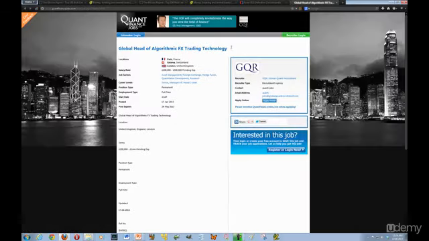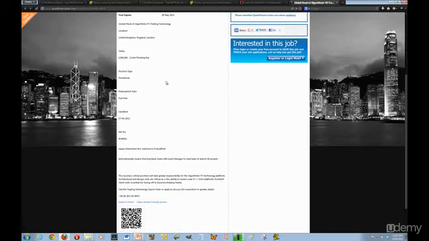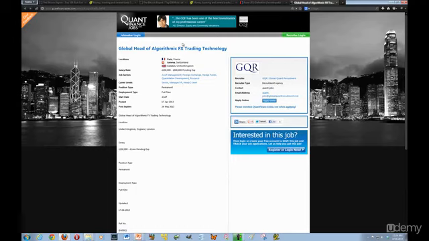This is a job for an algorithmic trading forex company. It's in Paris, Geneva, and London, so there's probably a couple of jobs available, and the starting rate is £250,000 to £500,000, and in some cases the salary is even larger. And this is just one job. These are called quantitative analysts.